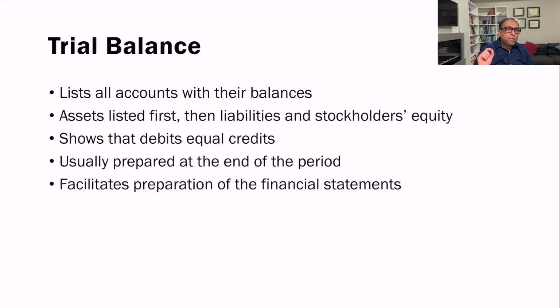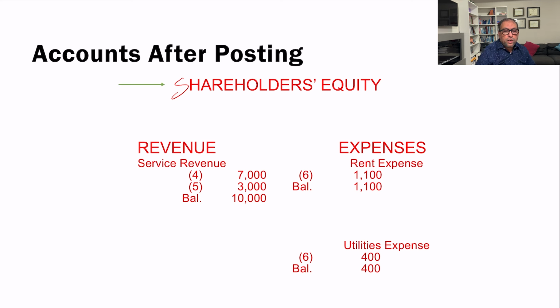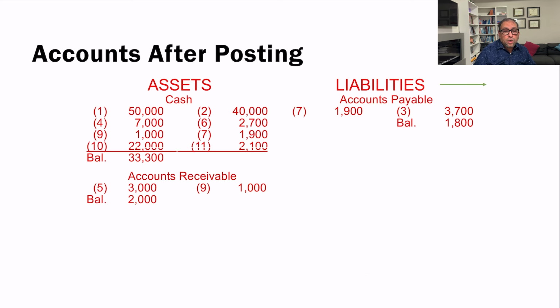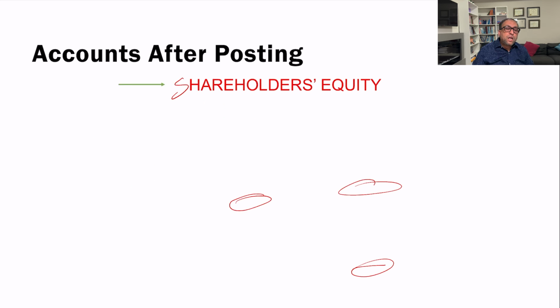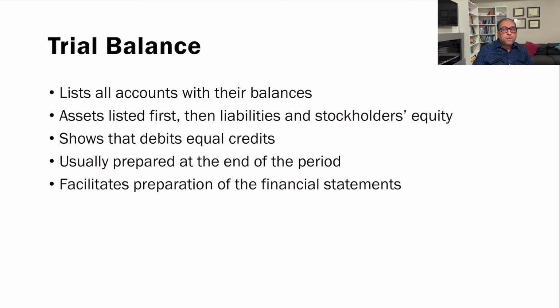Now these ledger balances which I showed you here, like this balance or this balance or this balance, are going to transfer to the trial balance. And the trial balance is the first statement that is required to prepare other financial statements.